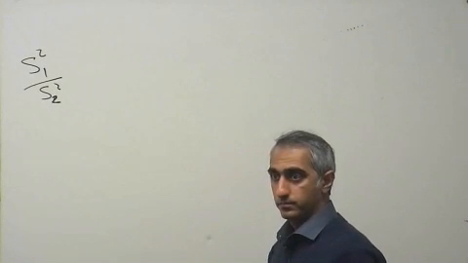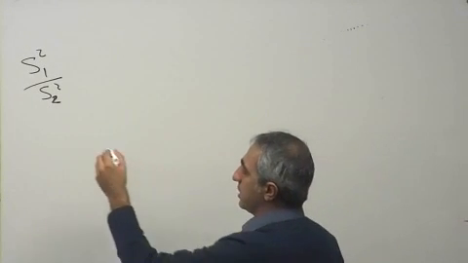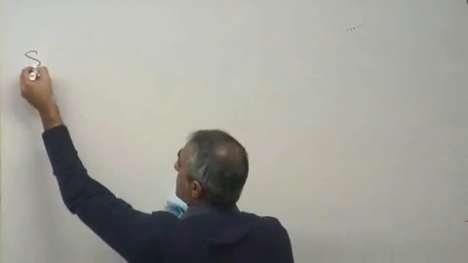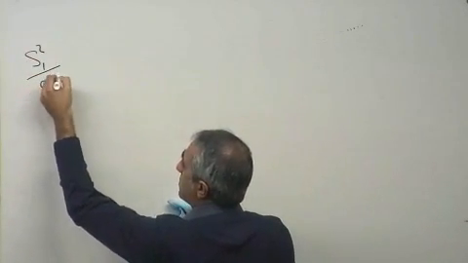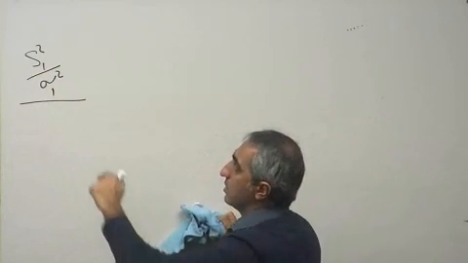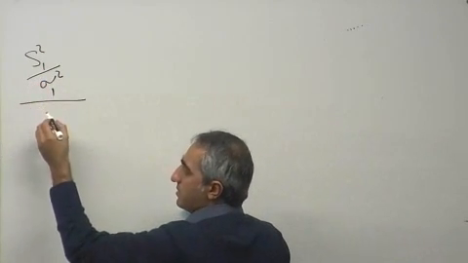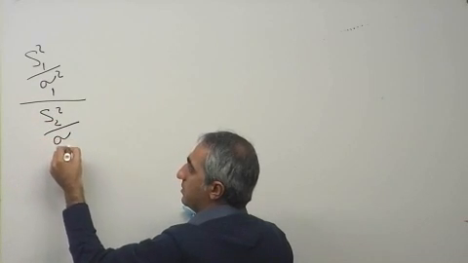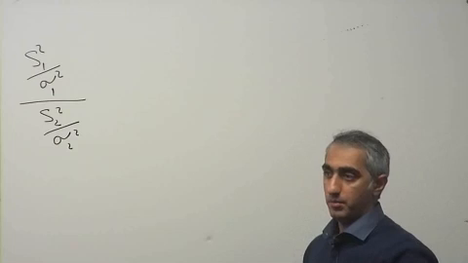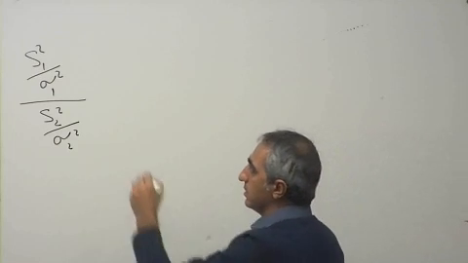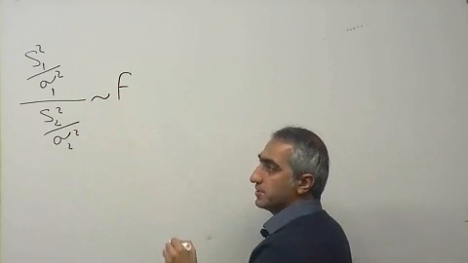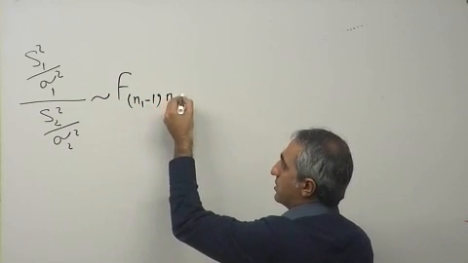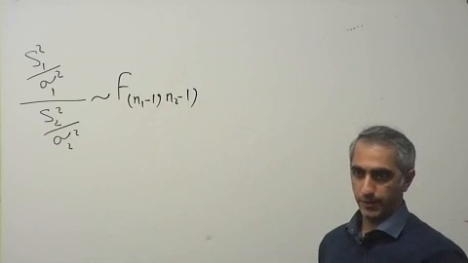Basically we can show that if I have some multipliers, S1 squared divided by the corresponding population variance, over S2 squared divided by the corresponding population variance, then this follows an F distribution with n1 minus 1 degrees of freedom and n2 minus 1 degrees of freedom.